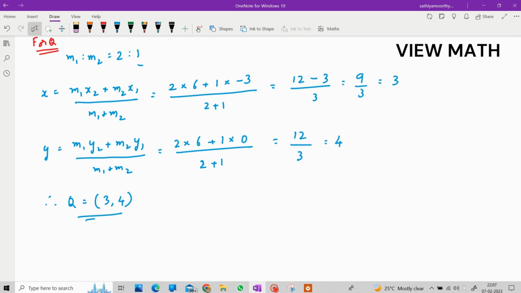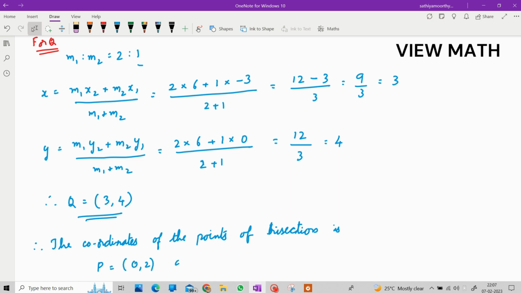So the coordinates of the points of trisection they are asking us to find out: P is equal to 0, 2, which we just found, and Q is equal to 3, 4. We have found it out.